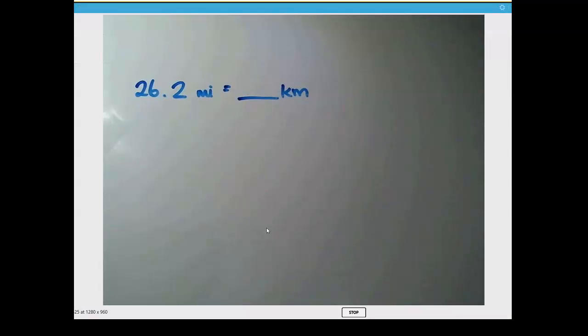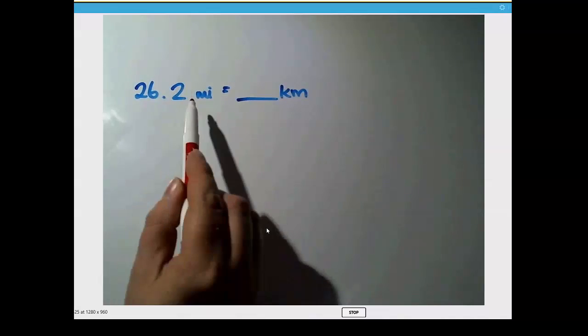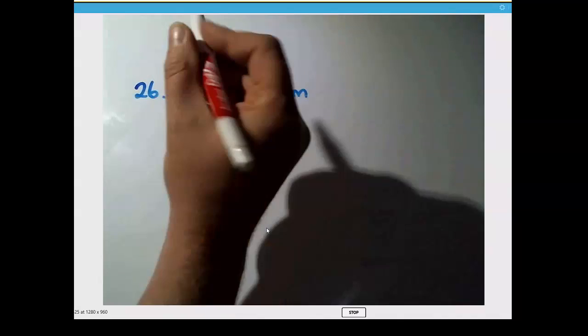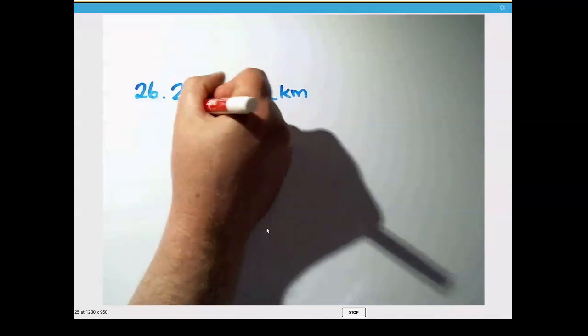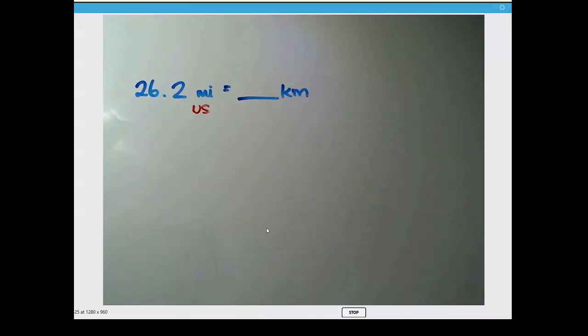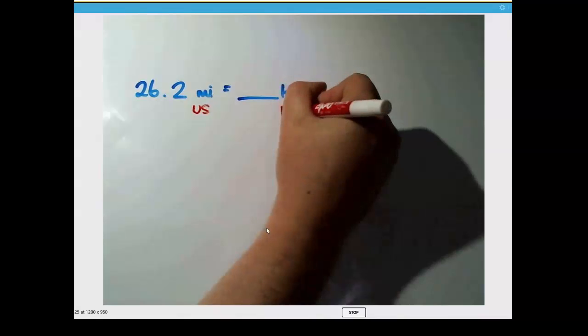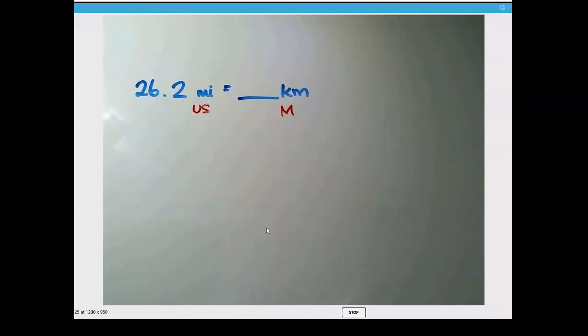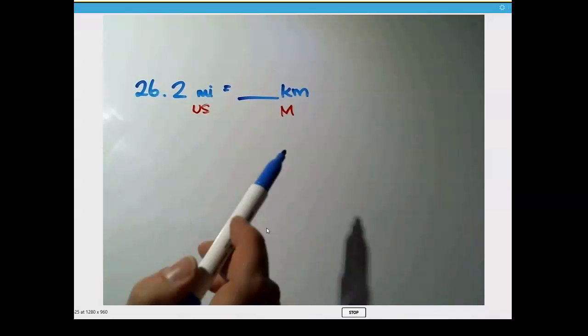All right, so here is what they're asking for. Now that I've introduced both systems that you're working with, first thing you want to do is make sure you identify what you've got, because that'll tell you what method of converting you should be doing. You've got miles and you've got kilometers. Miles is the US measurement, kilometers is metric. So we can't use the prefix line because we got one of each.